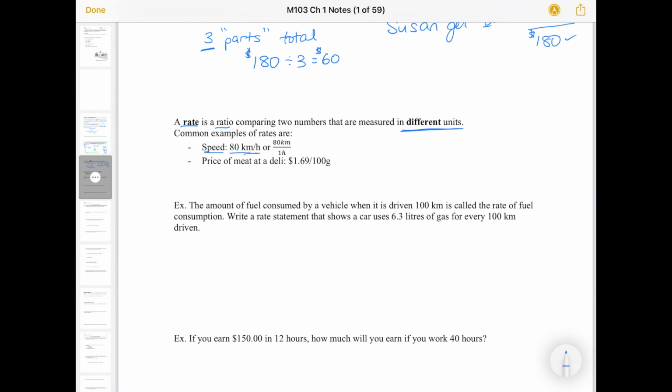Kilometers an hour are different units. Price of meat in a deli, right? We're going to look at this a fair bit later on, right? It might be $1.69 per 100 grams, right? We've got dollars and grams. So we have different units, but it is still a ratio. We can still work with it, very similar to how we did these other questions.